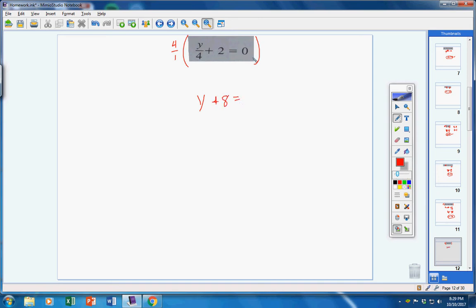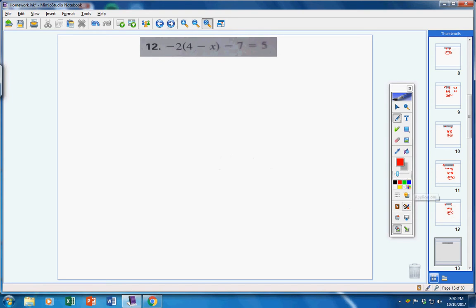And 4 times 0 is 0. Now bring your 8 over, make it negative, and y equals negative 8. And that is the correct answer. Alright, moving on to number 12.